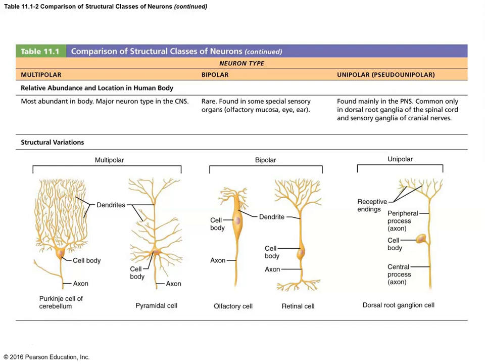If we look at the pyramidal cell next to it, it has a fair number of dendrites, but nowhere near the complexity that the Purkinje cell had, so we would expect it to be far less sensitive. In the bipolar category, we have olfactory cells and retinal cells. So we're talking here about smell versus vision.